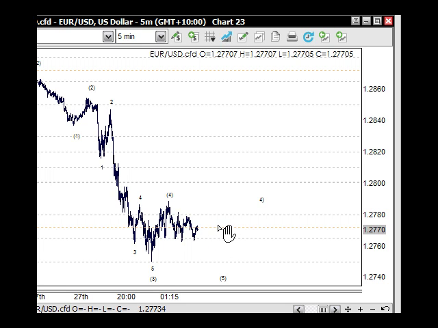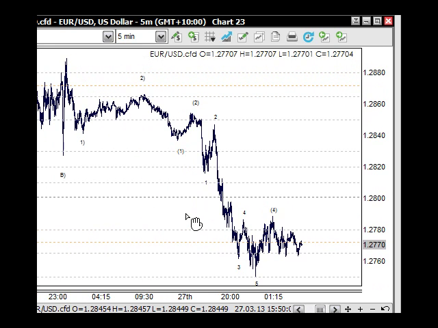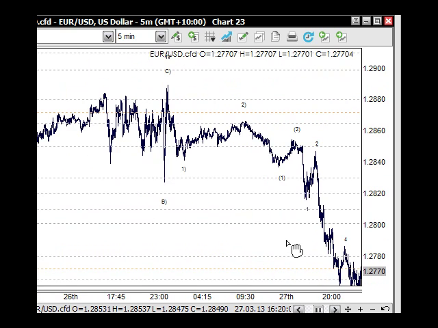But if support is found on the 12772 here, then expect a retest through here, and it may even come down here first, then get back up here, and so forth.